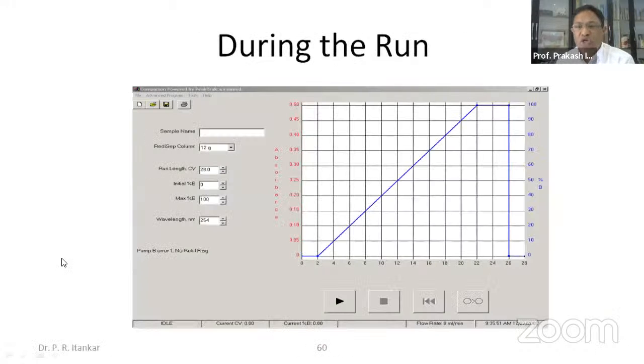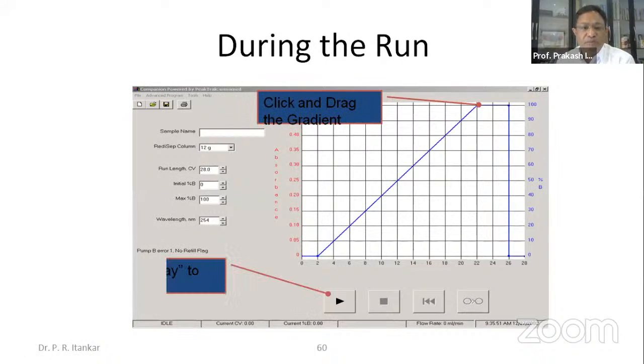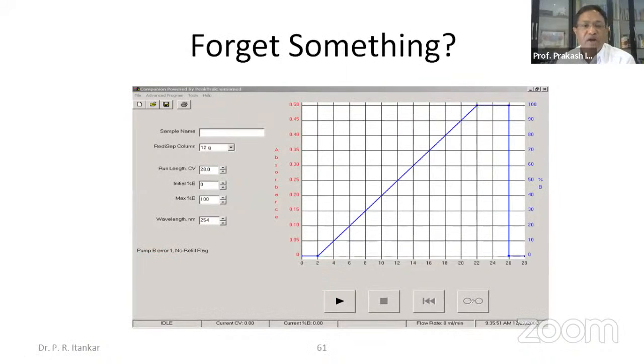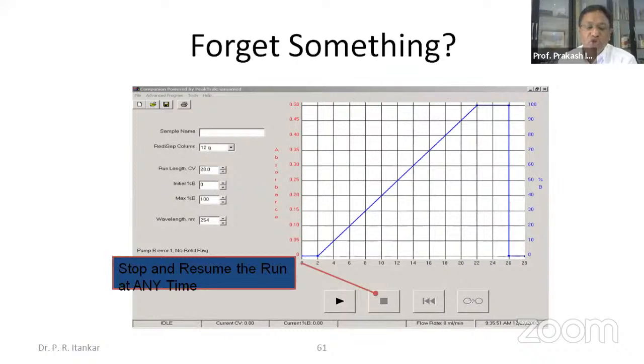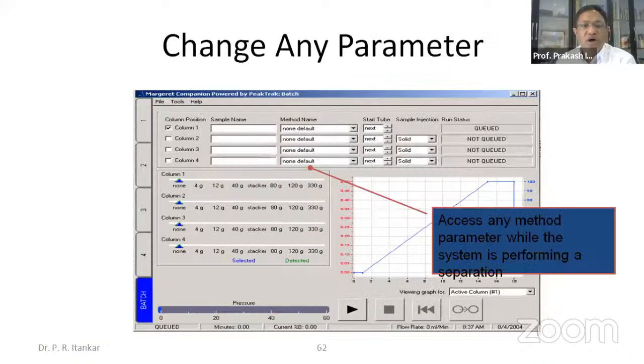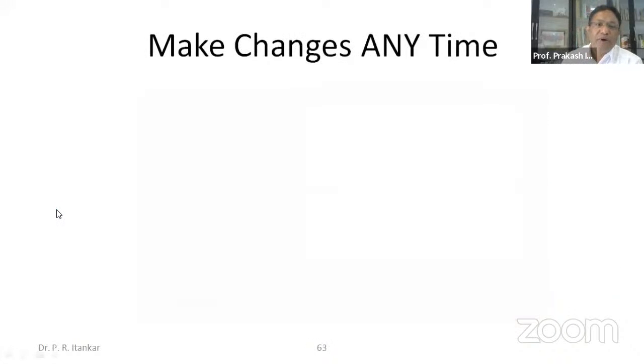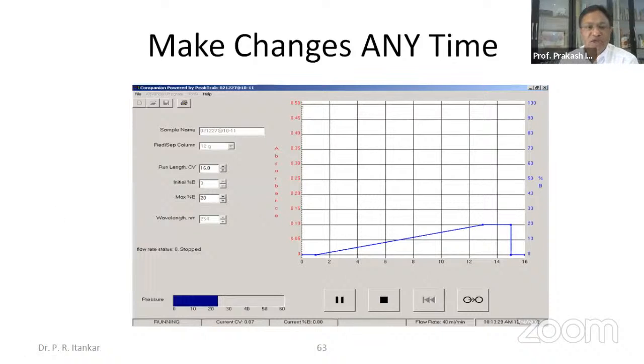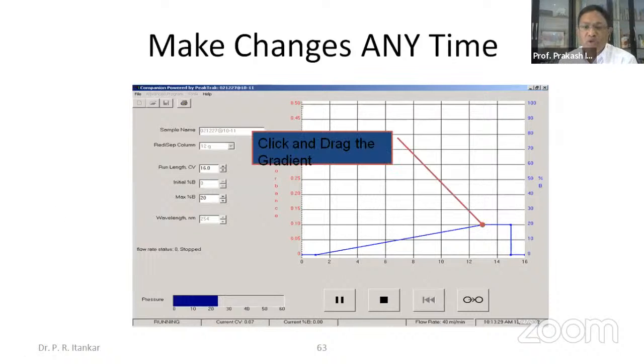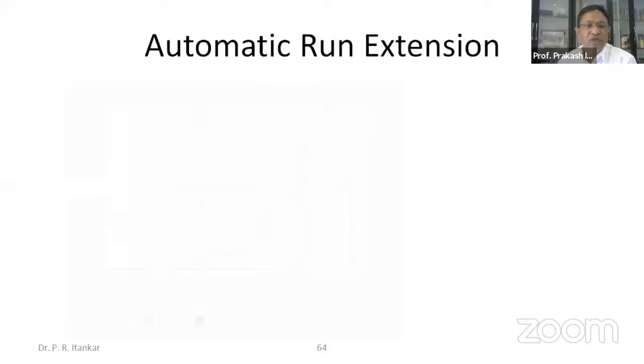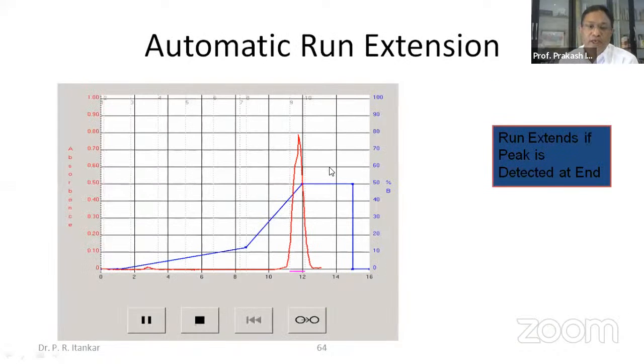That kind of liberty gives an upper hand, making the process of isolation more fun, interesting, and user friendly. So any parameter can be changed. Making changes anytime is the kind of working module that you have.